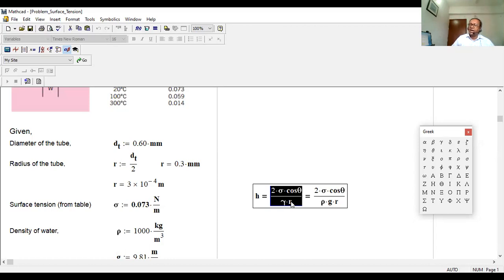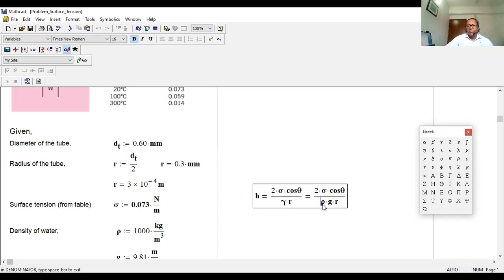Actually, theoretically, the height will increase, but you will not be able to see it, because if the radius of the tube is increased, h will decrease. That means the value of h will be very minimum. You will not be able to see it with your eye. But if you decrease the radius, then the height will increase and you can see it with your eye.